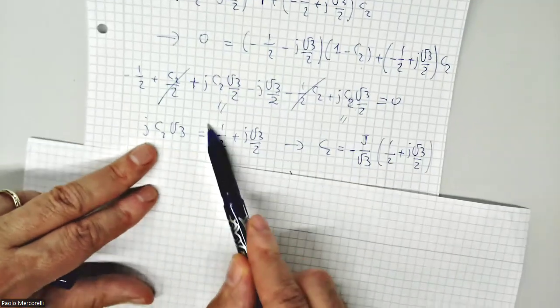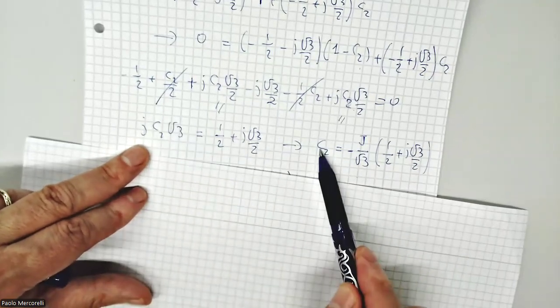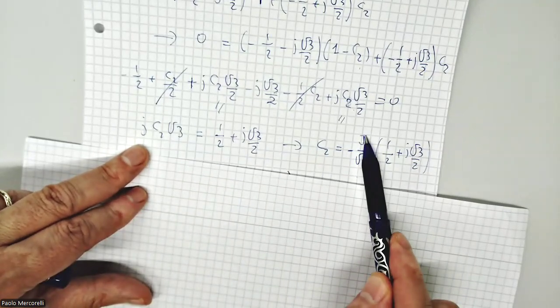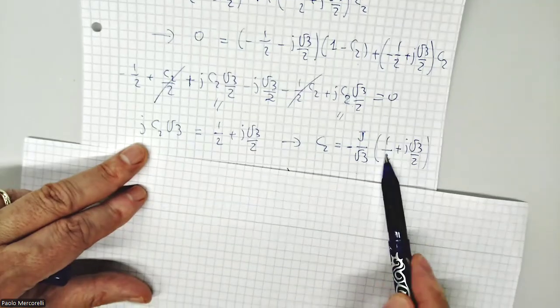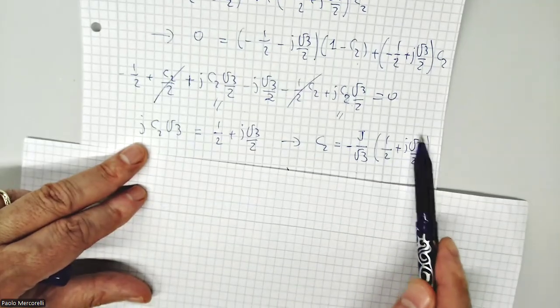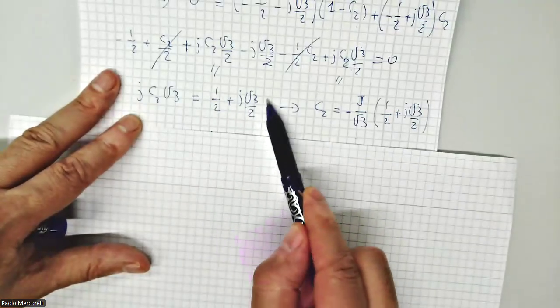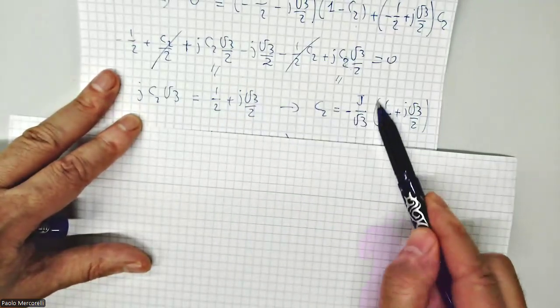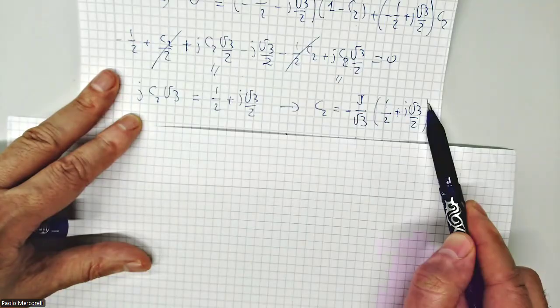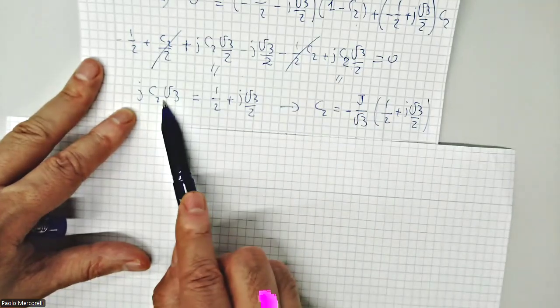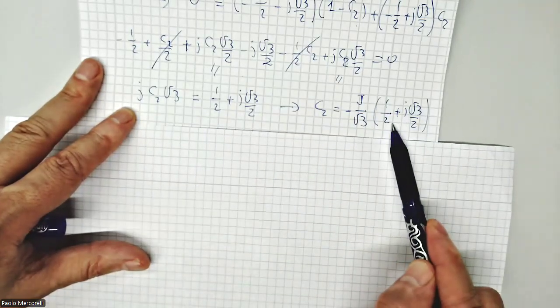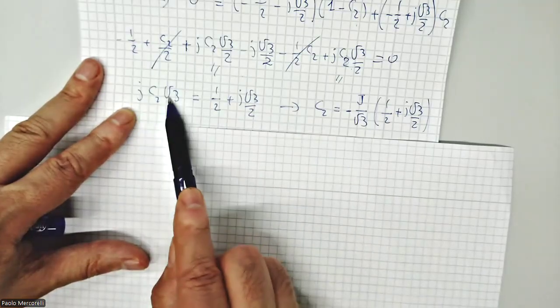At the end, C2 from here is j divided by root of 3, which multiplies 1 divided by 2 plus j multiplied by root of 3 divided by 2. Why that? This element is here. I will divide this element here by j multiplied by root of 3.